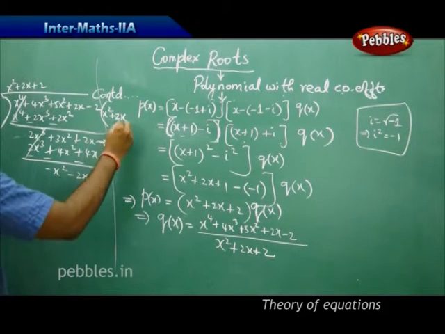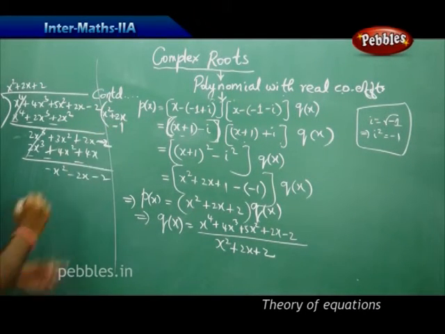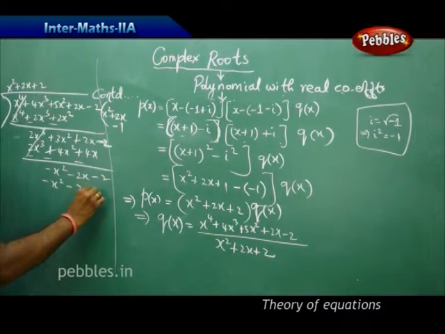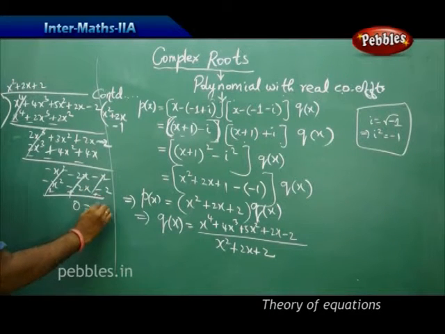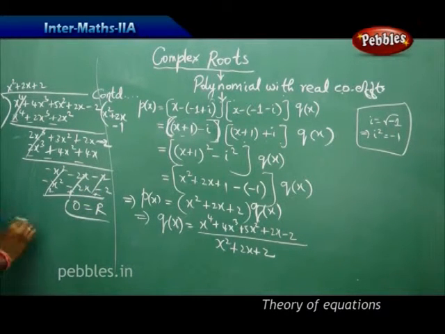Now on subtraction of 1 and multiplied with this, gives me minus x squared minus 2x minus 2, and 0 as the remainder. That implies I have my q of x equal to x squared plus 2x minus 1.